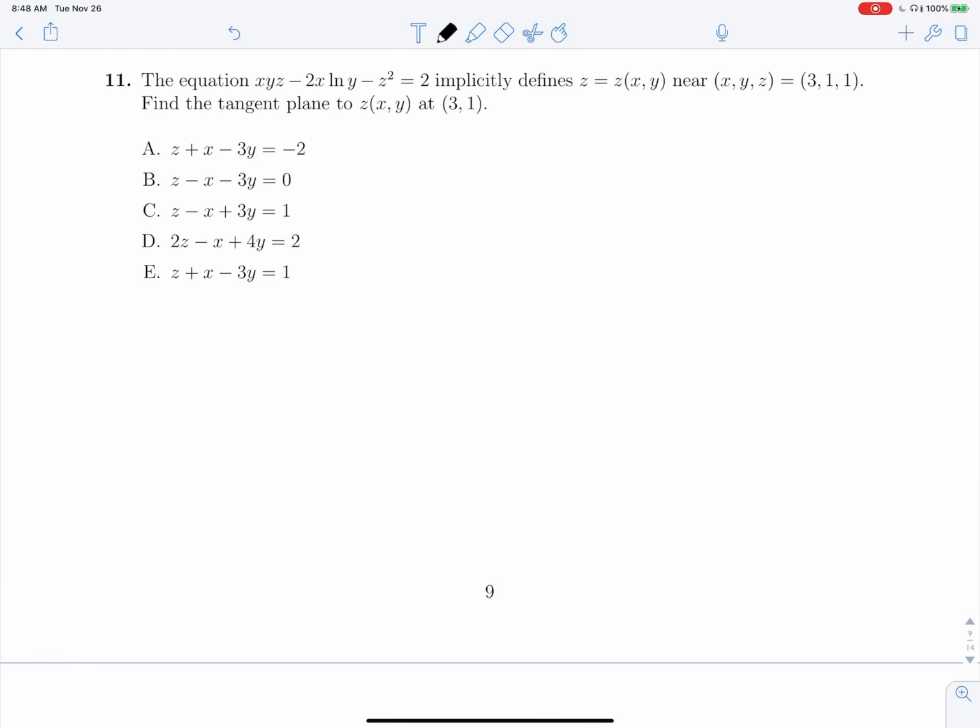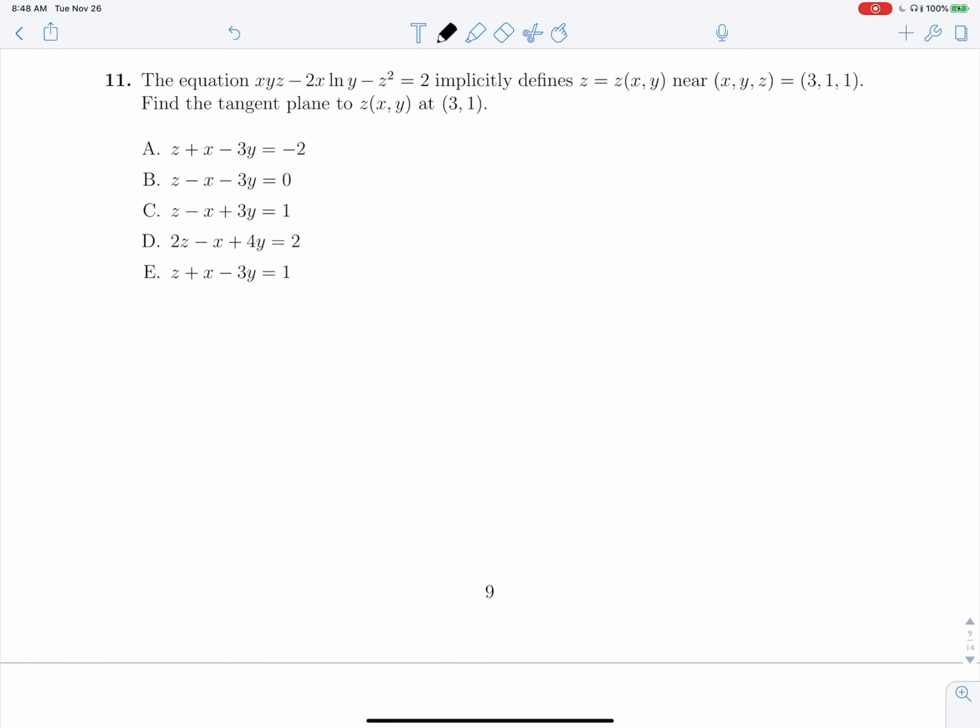The equation xyz minus 2x ln y minus z squared equals 2 implicitly defines z as a function z of x and y near 3, 1, 1. Let's find the tangent plane to this function at 3, 1.